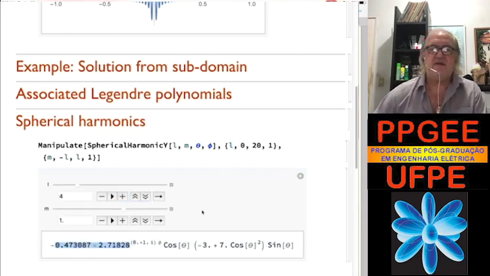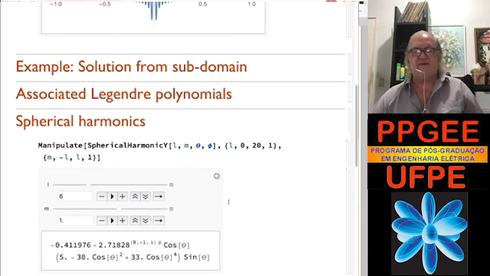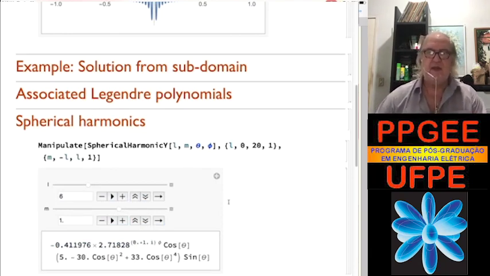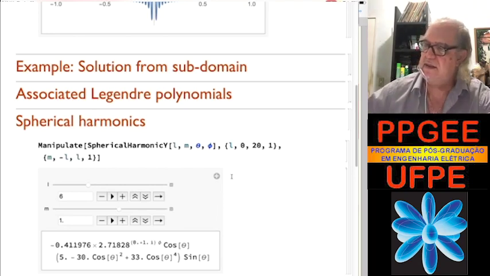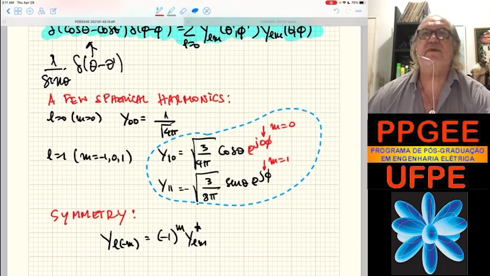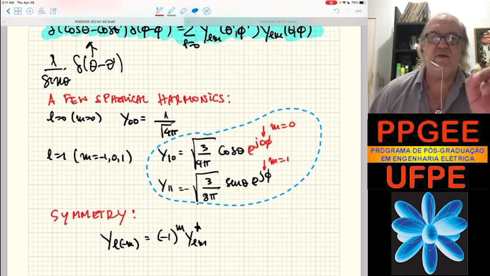I thought it was going to rationalize those numbers, but I don't know why it's doing that. But here you have several spherical harmonics. We have a symmetry property, which is very important, and those things I'm going to ask you to demonstrate in the homework, okay?